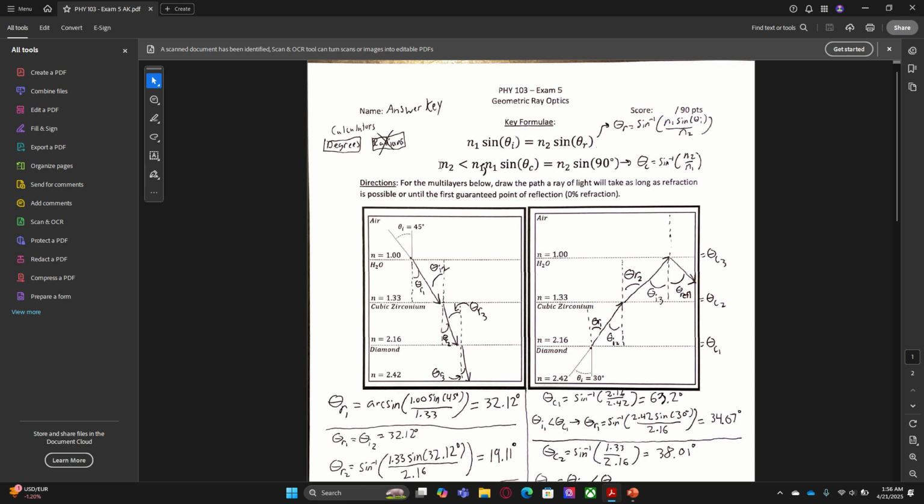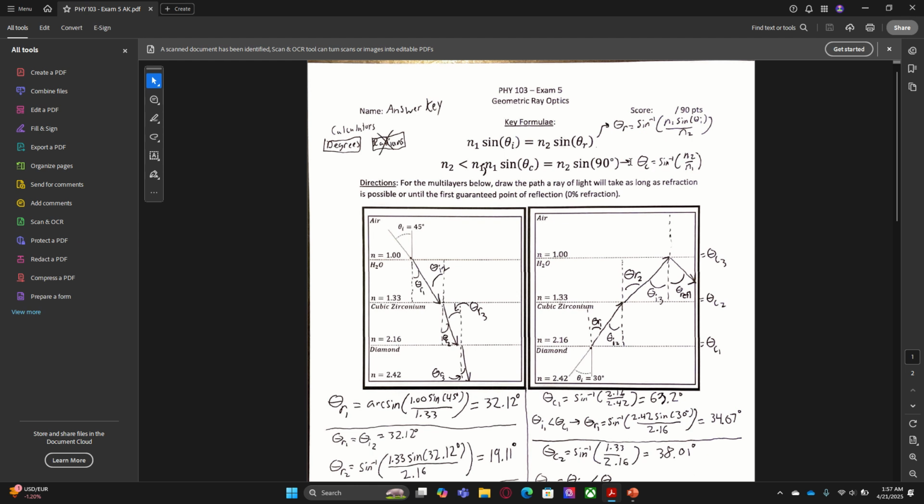And if we have a situation where n2 is greater than n1, n1 sine of theta c, our critical angle, equals n2 sine of 90 degrees. Sine of 90 degrees just equals 1. So, solving for theta c, the critical angle is arc sine or sine inverse of n2 over n1.